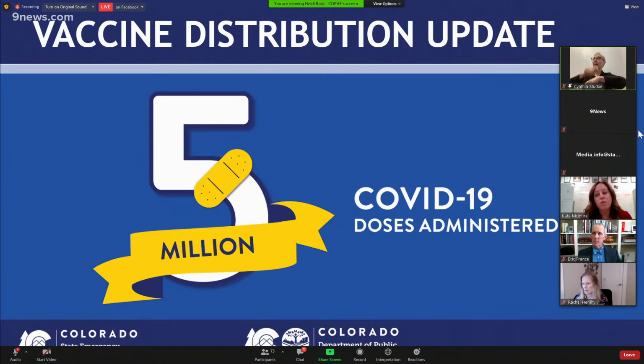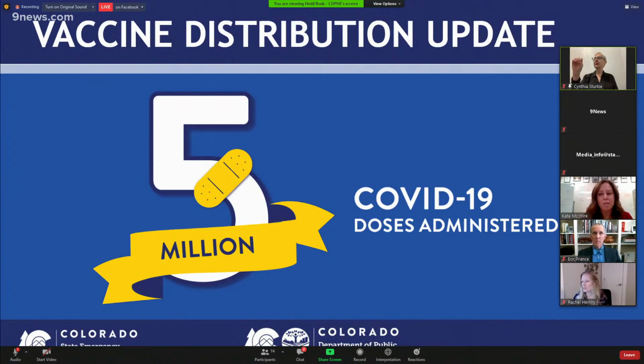While we want to continue to follow the best practices to use every dose possible, we also want to make sure that doesn't come at the expense of missing an opportunity to vaccinate every eligible person when they're ready to get vaccinated. So you can find all kinds of more data about the vaccines administered statewide and by county on our vaccine dashboard. And you can find that information by clicking vaccine administration and then choosing all vaccines.